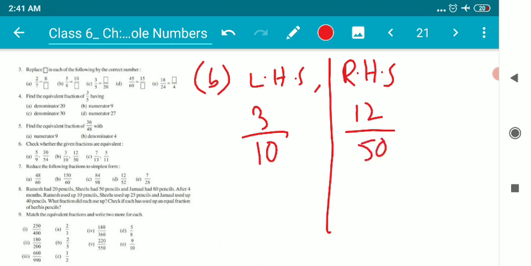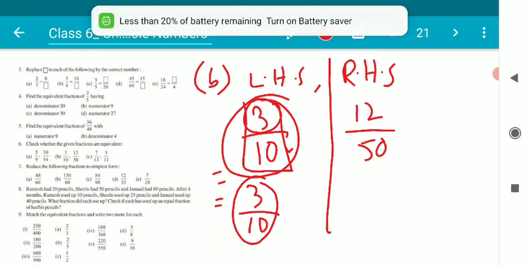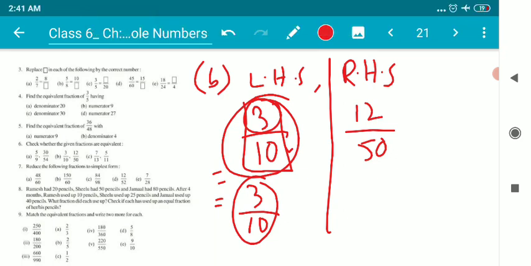In the fraction 3 by 10, the numerator is 3 and the denominator is 10. It's quite simple to say that 3 and 10 cannot be reduced, so 3 by 10 will be kept as it was given.